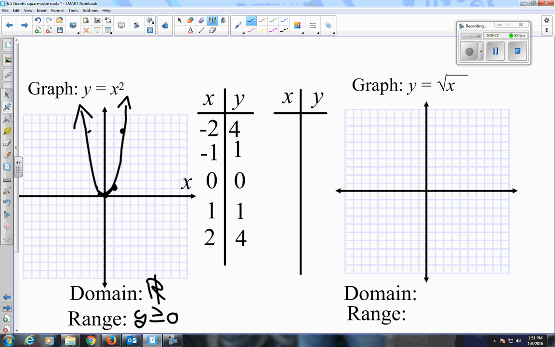Okay, so we're starting to get into some things here now. I want to graph y equals the square root of x. Well, let's see what happens when I just switch the numbers. Do the numbers in my table match my equation?